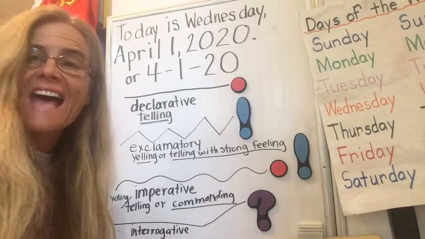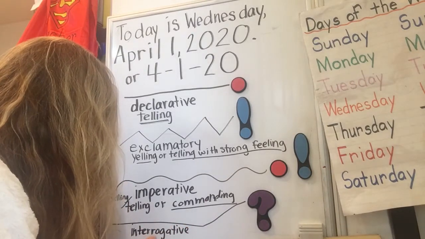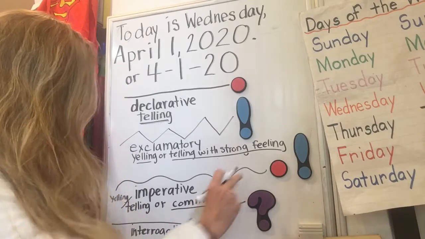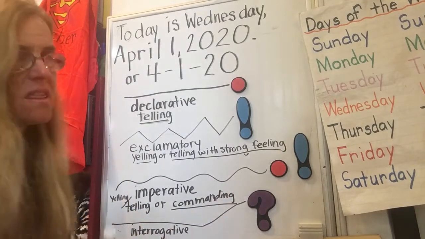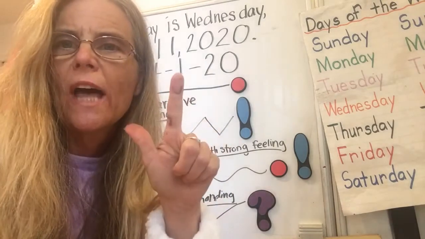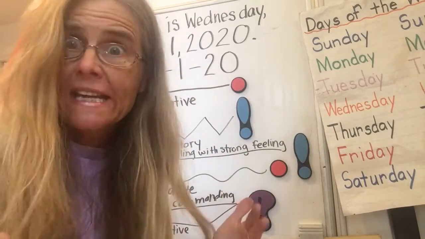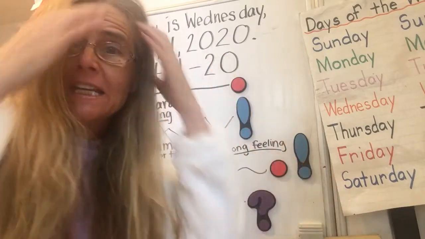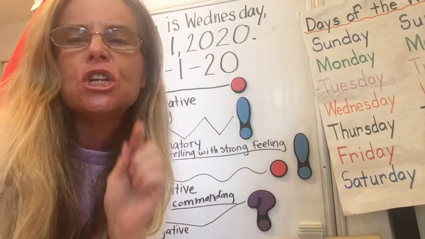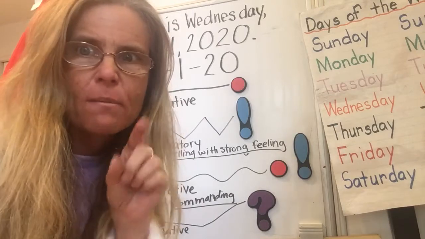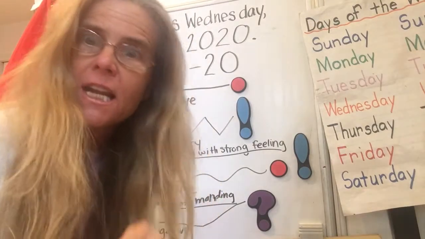We call that an asking sentence. And your voice goes up at the end. This is what I say. Who, what, when, where, why, and how. And I need to know right now. Interrogative. It sounds like interrogating. I have to know this information. I need this information and I need it now.